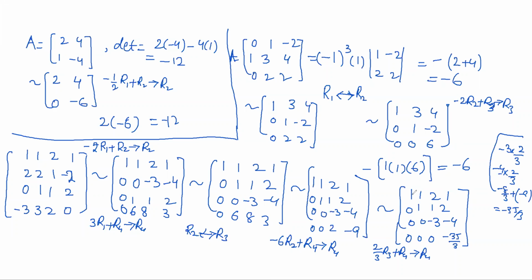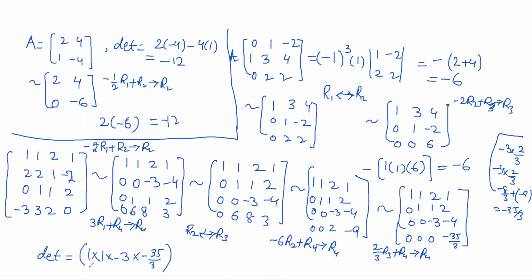So for example, 1, 0, 0, 0 with this as the pivot row, and then 0, 0, 0, and then this is the pivot row. So what will be the determinant in this case? The determinant will be 1 times 1 times minus 3 times minus 35 by 3.